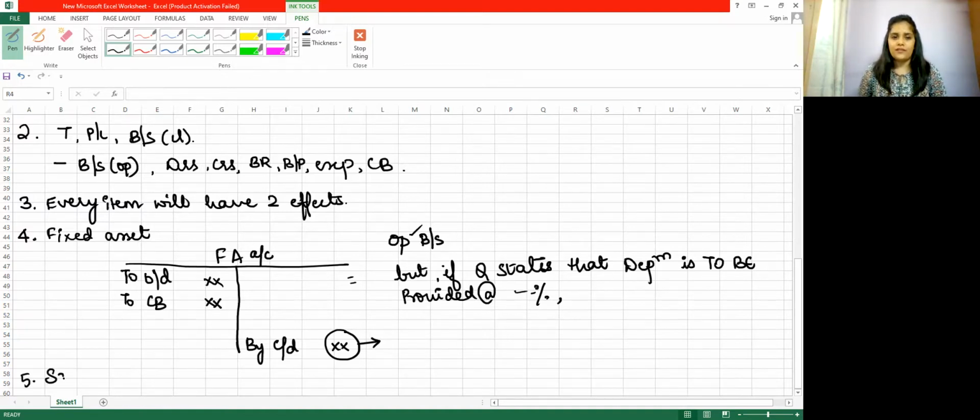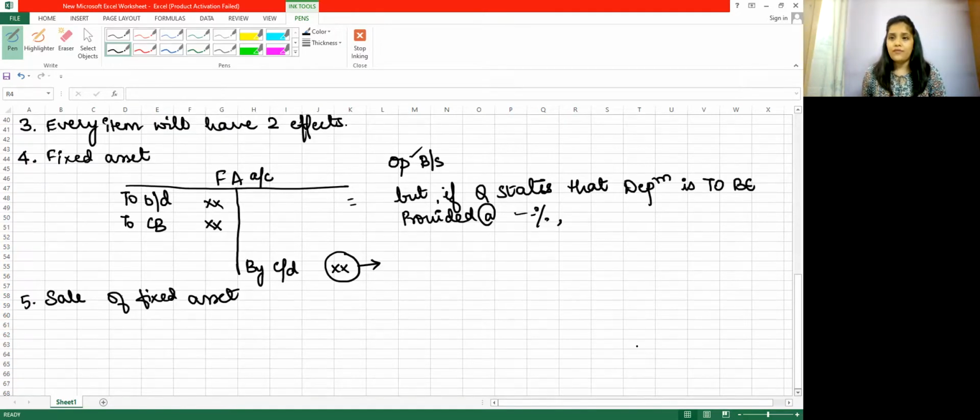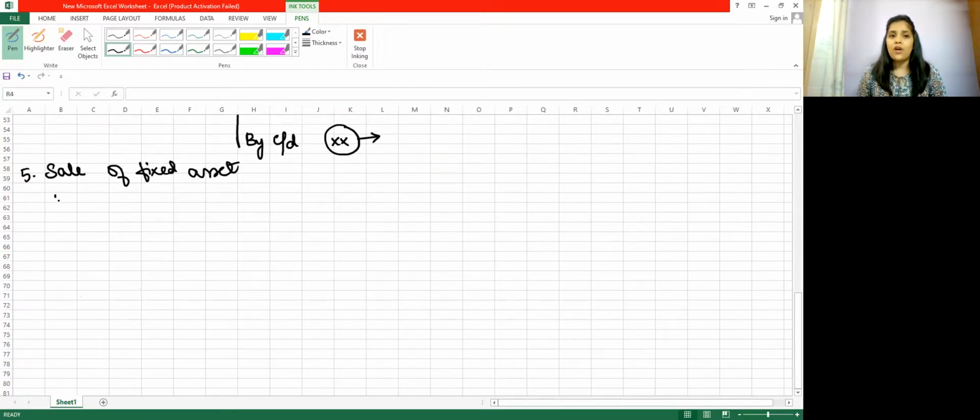Sale of fixed asset. If there is a sale of fixed asset, then what to do? Whenever there is a sale of fixed asset, you have to remember that you have to account for 3 items. Okay, mandatory. First, sale, that is money received, cash and bank.